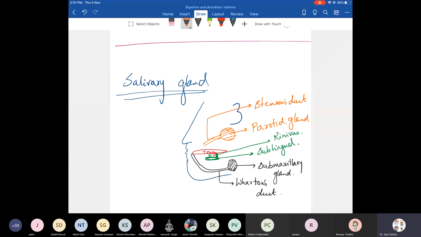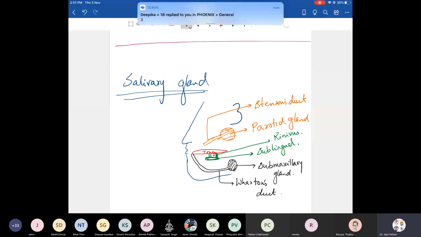How many salivary glands in the oral cavity or the buccal cavity? This is the question.